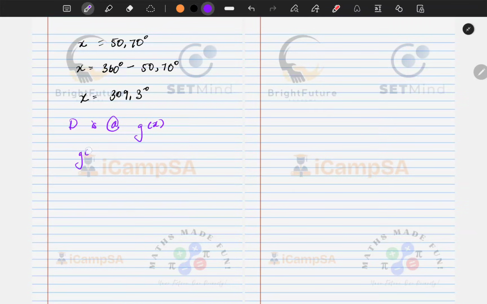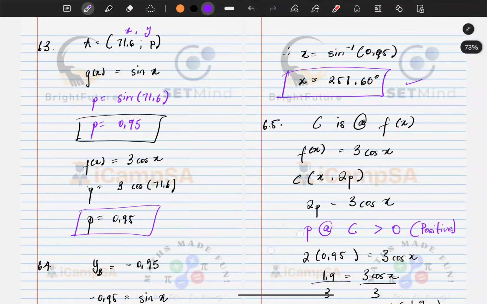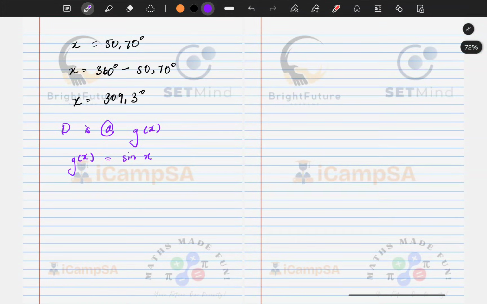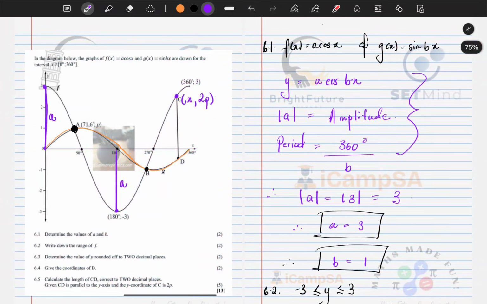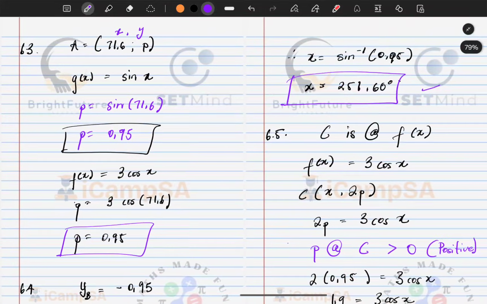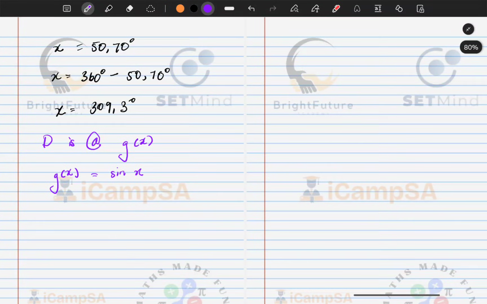And we know that g of x is equal to your sine of x. Right, so we already know that D and C will share the same value of x.